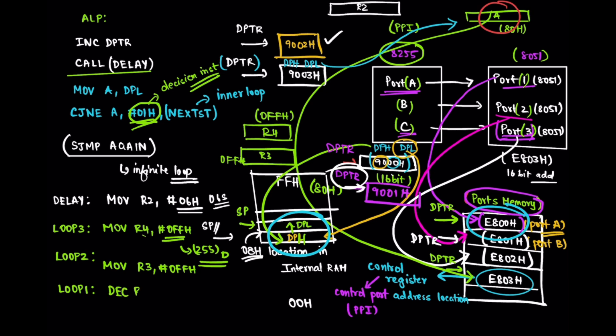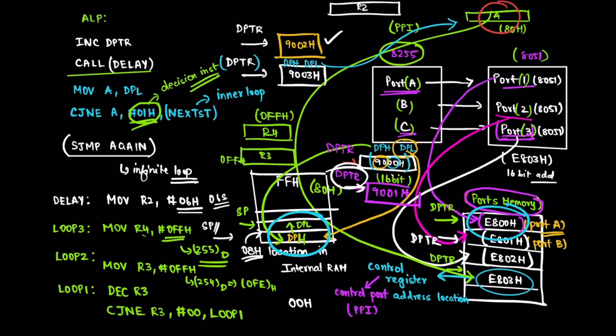So I'm going to decrement R3, then from 255 it is going to go to 254 in decimal. If we talk in hexadecimal, it is going to go to 0FEH. Now I'm going to compare this R3 with 00. And then I'm going to go to loop 1.